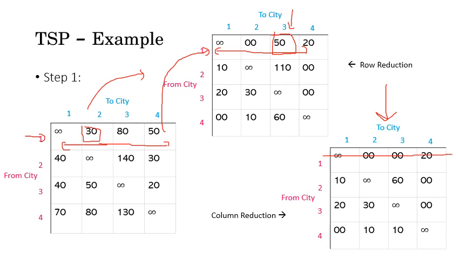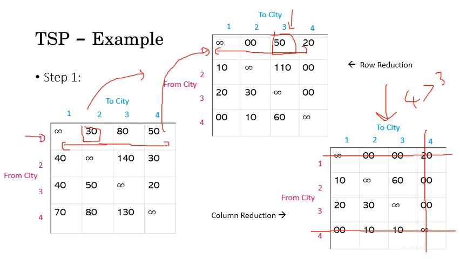So that is one line, then those two zeros, and finally that zero in cell 4 1. So you can see that I'm able to cross all the zeros by using only three lines. So the number of lines required for crossing all zeros is 3 here. But the number of cities is 4. So 4 is greater than 3. That means we cannot complete the assignment.